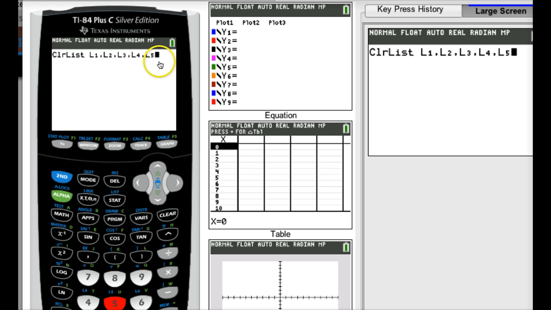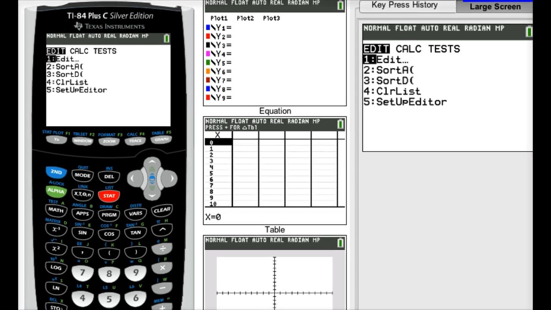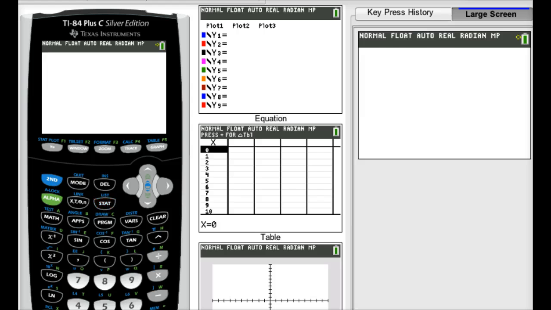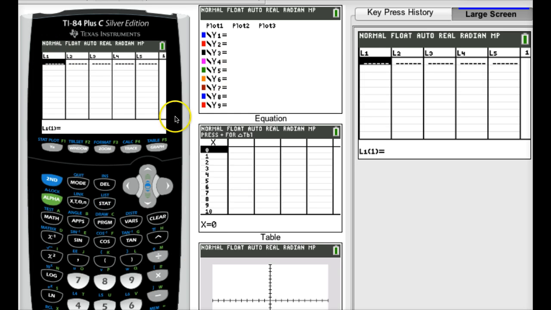So I'm telling it to clear all of these lists, and then I press enter. It tells me done. Now when I go to Stat Edit, I should be able to see clear lists. Beautiful.